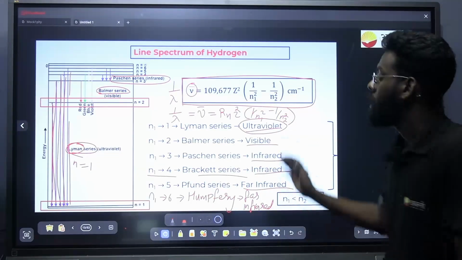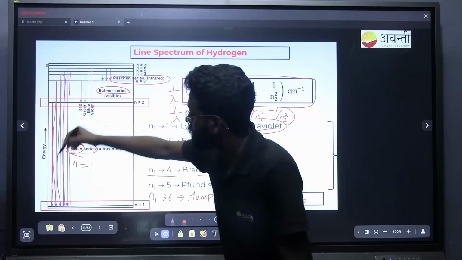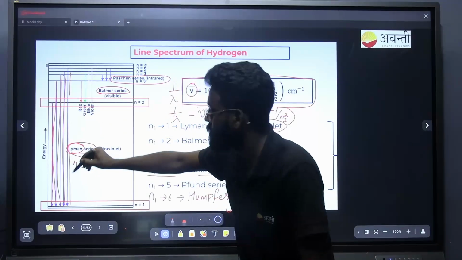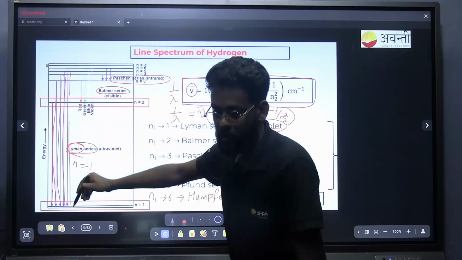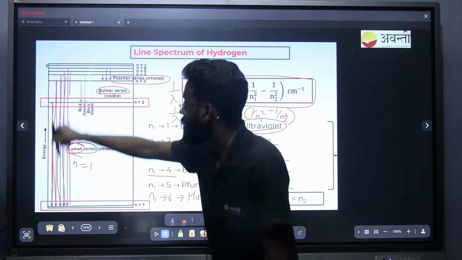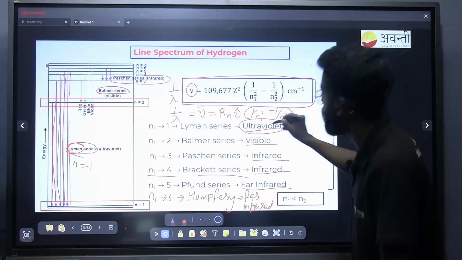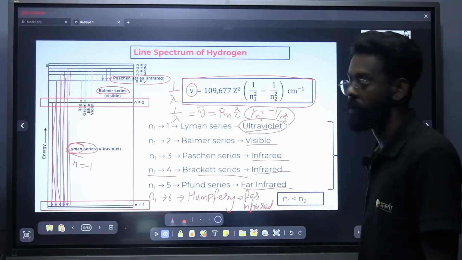I will repeat once. If I take the range from the minimum wavelength to the maximum wavelength of Lyman series, that range falls in the wavelength range of ultraviolet radiation in the electromagnetic spectrum.